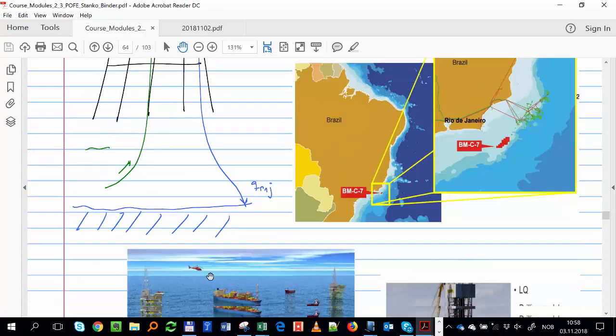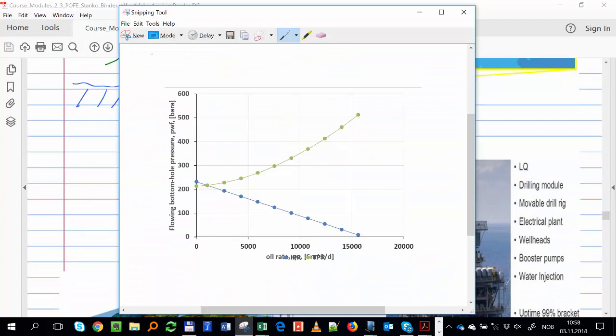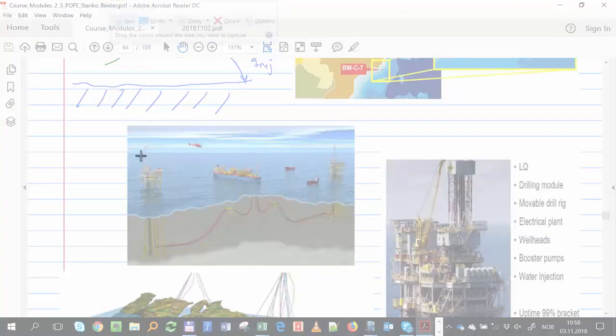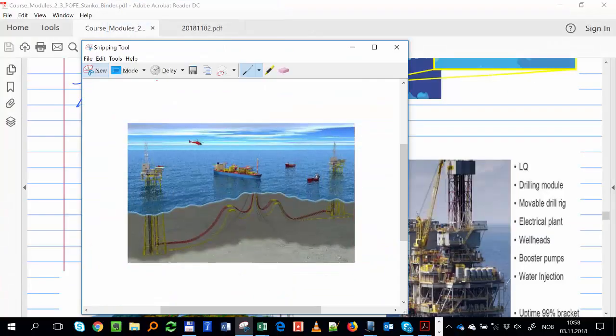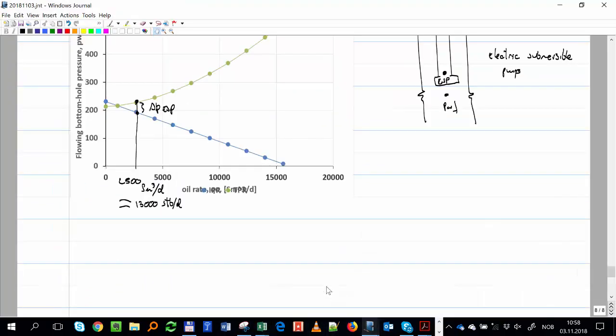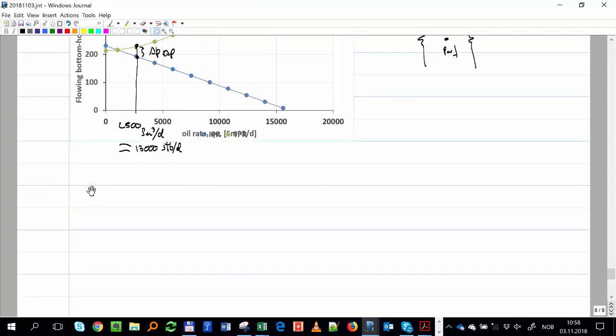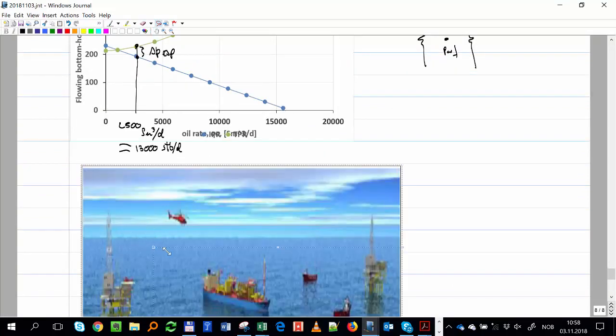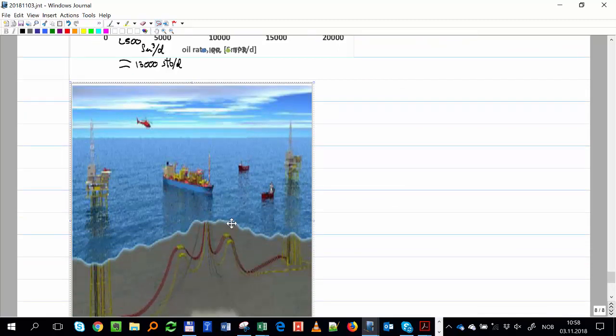Let's take a snapshot here. And for this field, because the GOR, the gas, is very low, we can use single phase equations to model the performance.